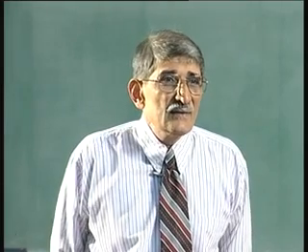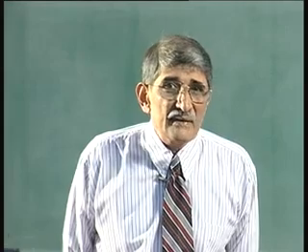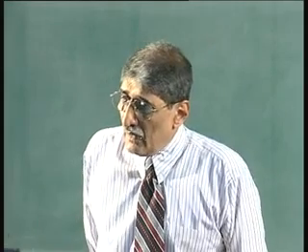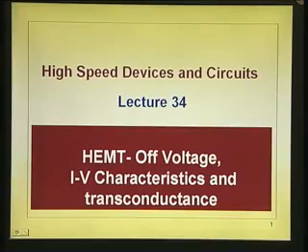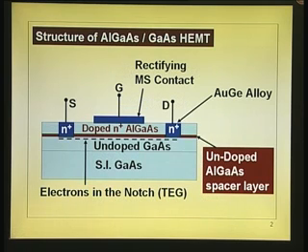In a MOSFET, it is also considered as the off voltage required to turn off a depletion mode type of device. And also we will see the IV characteristics and transconductance. So, the structure of this device, just to recapitulate, the generic HEMT, the first type of HEMT that was used, was aluminum gallium arsenide heavily doped and undoped gallium arsenide.